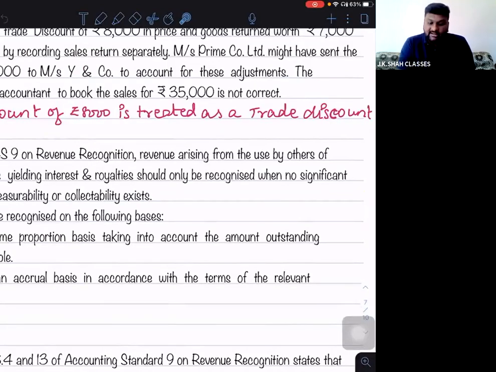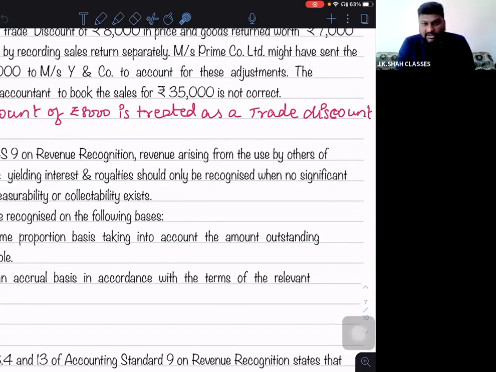So as per AS 9 revenue recognition, revenue arising from the use by others of enterprise resources yielding interest and royalty should only be recognized when no significant uncertainty as to measurability or collectability exists. So that is the common rule that applies everywhere, that there is no uncertainty of ultimate collection. But these revenues should be recorded on the following basis: interest on a time proportion basis, taking into account the amount outstanding and the rate applicable.